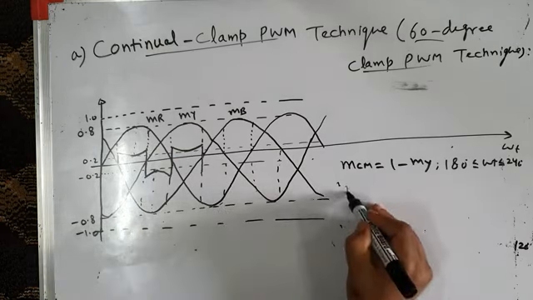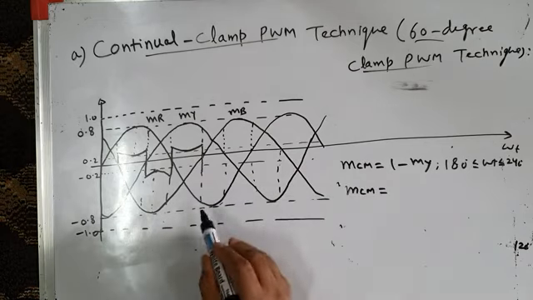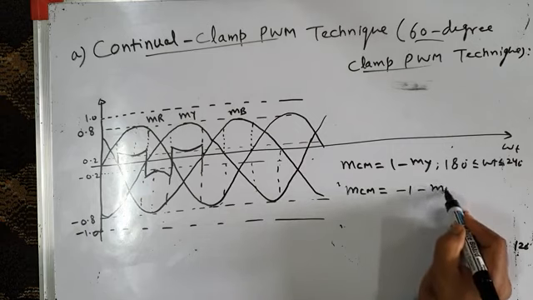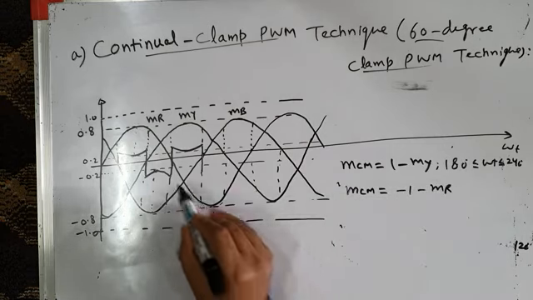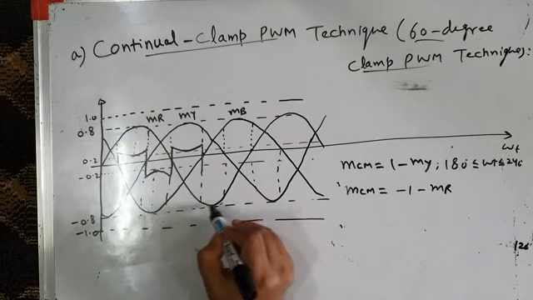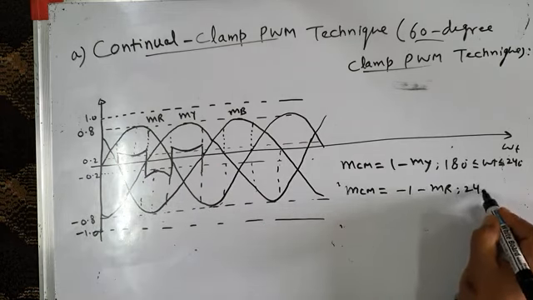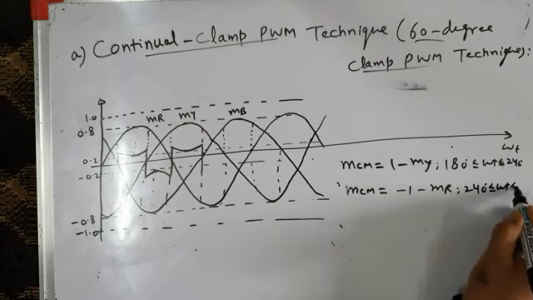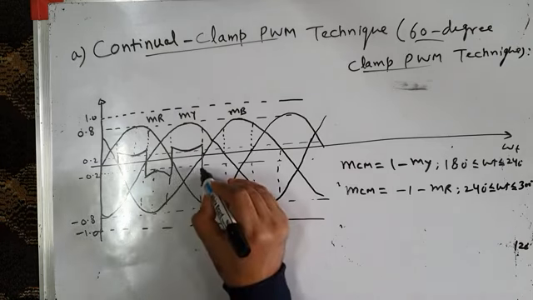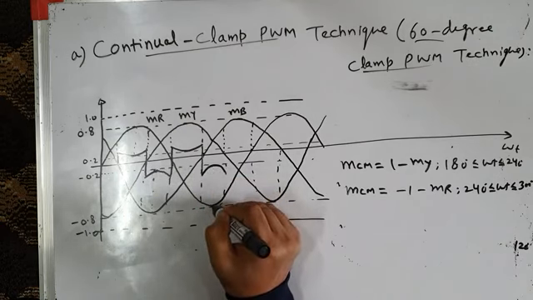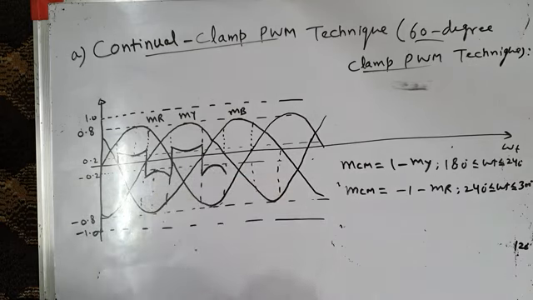So for that purpose, MCM will be equal to minus 1 minus MR, because MR is negative, or maximum negative during this 60 degree interval, and the duration is 240 degrees to 300 degrees. 240 plus 60 is 300 degrees. It will also follow the same pattern. And here it is minus 1 minus plus 0.8, that's minus 2, minus 0.2.